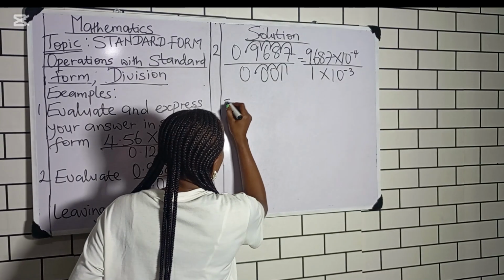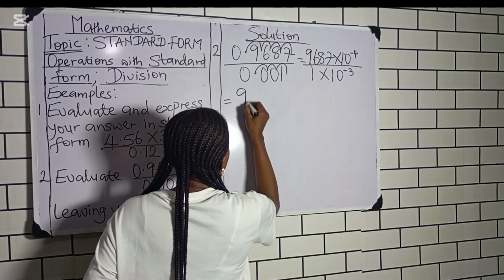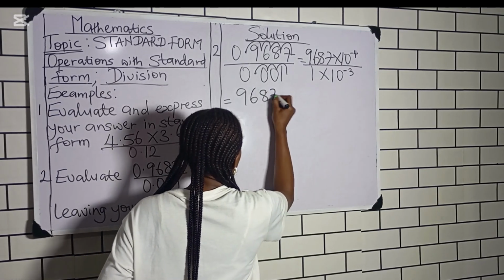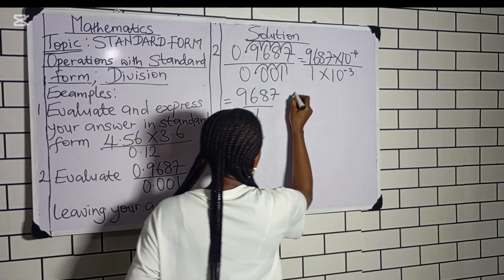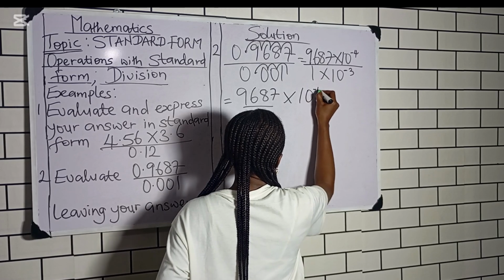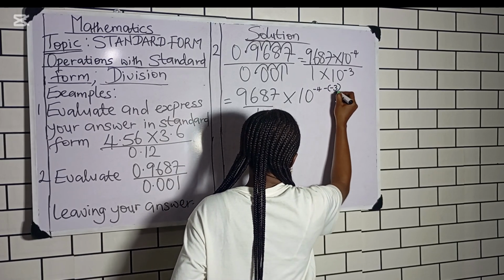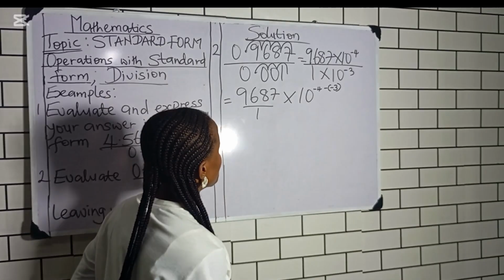This will give us 9687 over 1 times 10 raised to the power minus 4 minus bracket minus 3, the power of 10 in the denominator.